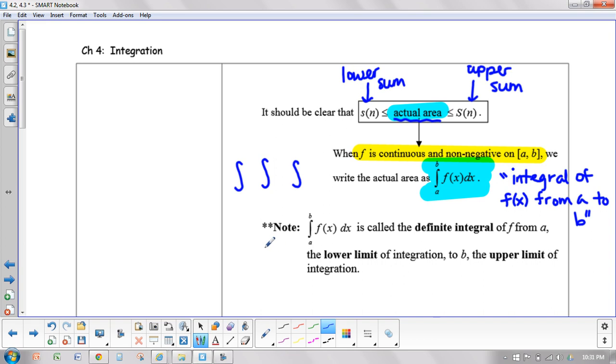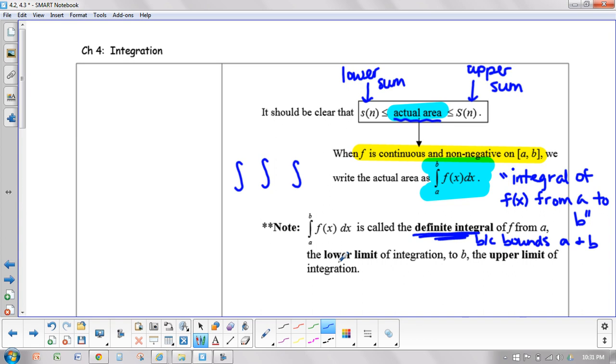Okay, this is what we call a definite integral, and it's a definite integral because of the bounds a and b. We will see something called an indefinite integral later in this chapter, where there will not be any numbers on the bottom and the top here.